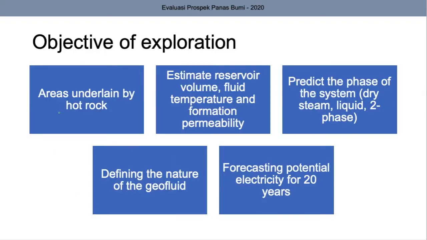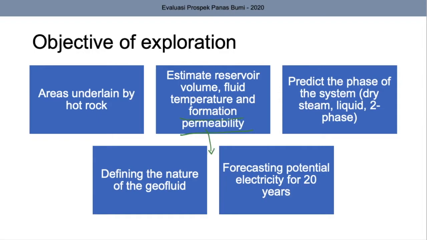For us geoscientists, the objective of geothermal exploration is to define the areas that are underlain by hot rock, and also to estimate the reservoir volume, temperature, and permeability. Remember, in a geothermal system, porosity is not the only thing that is important; the permeability of the lithology is also very important. Why?